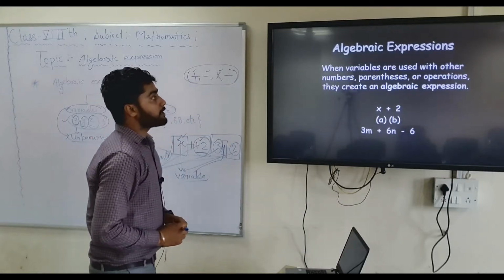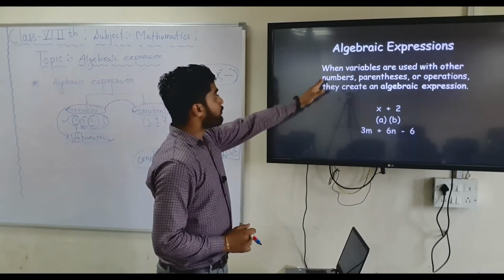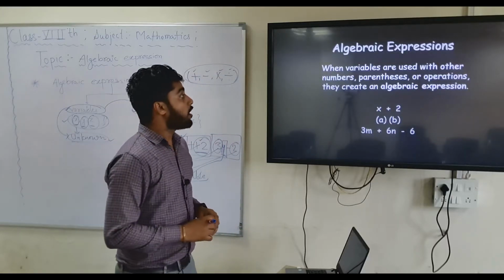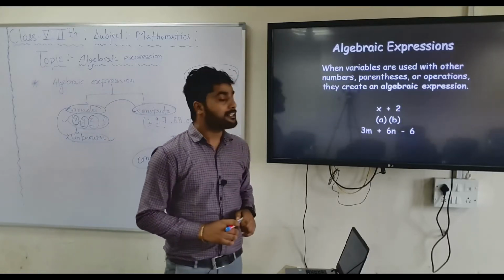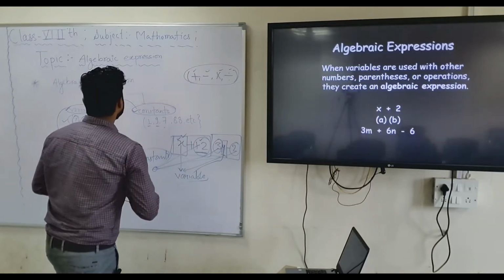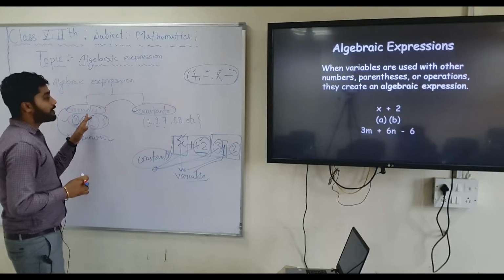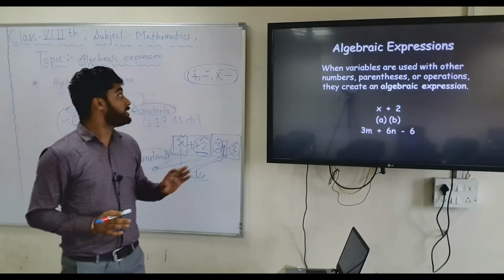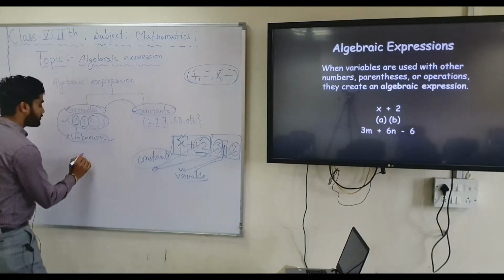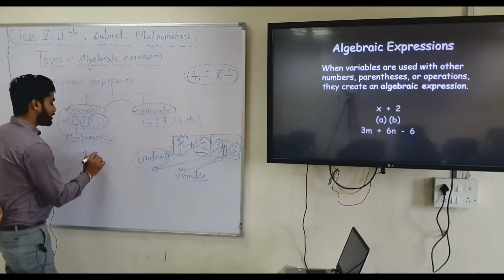Okay, next, algebraic expression. When variables are used with other numbers, parentheses or operations, they create an algebraic expression. That means if we combine constants and variables with each other with the help of arithmetic signs, suppose we have 3 and x.